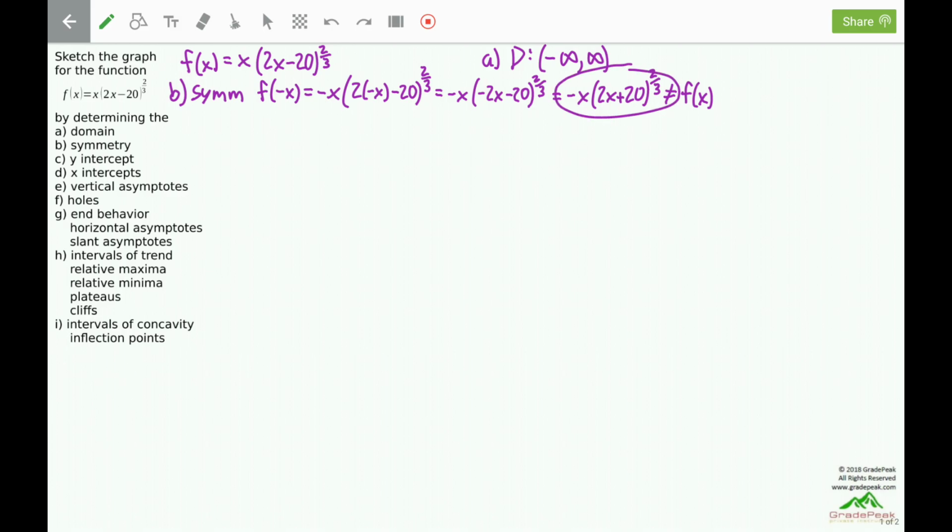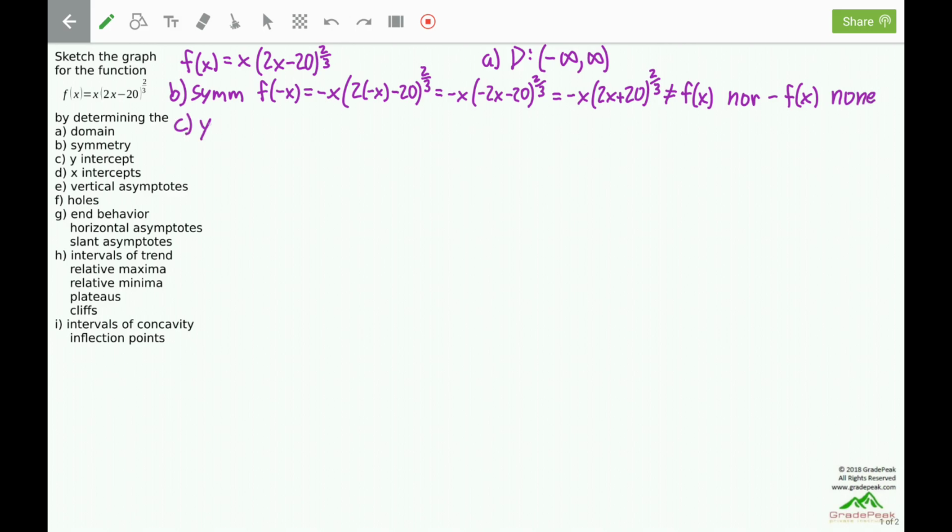And comparing this to the original, there is a negative factored out front that doesn't exist here, but inside of the 2/3 power, the 20 is the opposite sign, whereas the 2x is not the opposite sign. So this also does not equal the negative of f of x. So it does not have origin or odd symmetry either. So for symmetry, it has none.